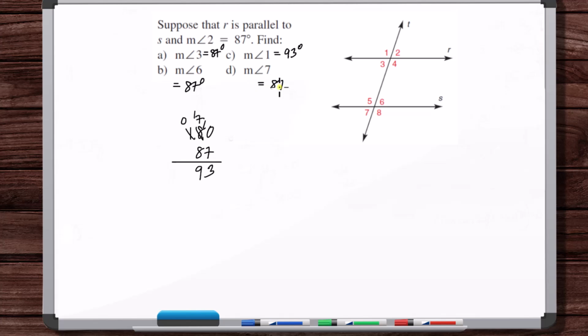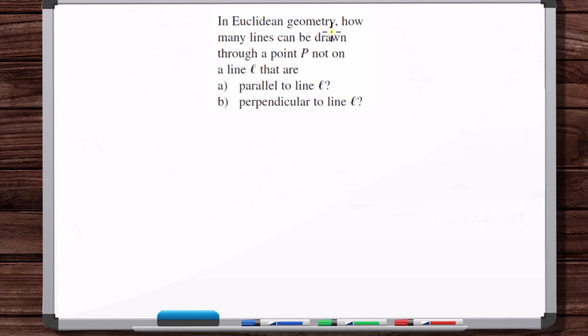So there we go. In Euclidean geometry, how many lines can be drawn through a point P not on a line L that are parallel to line L or perpendicular to line L?